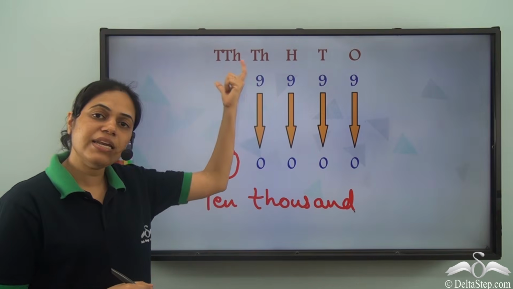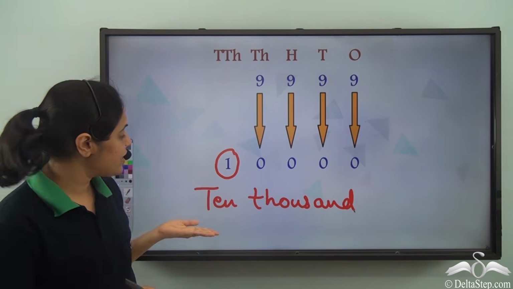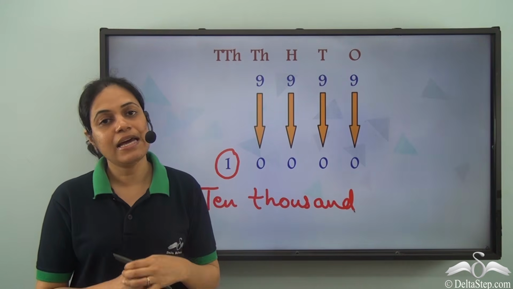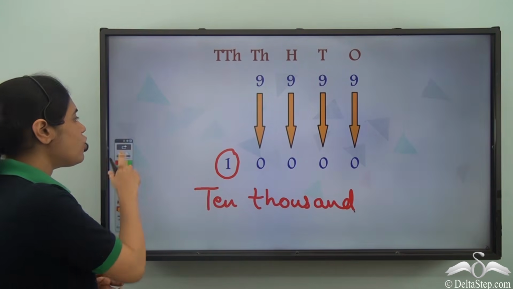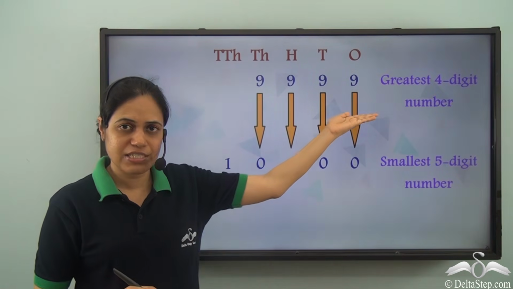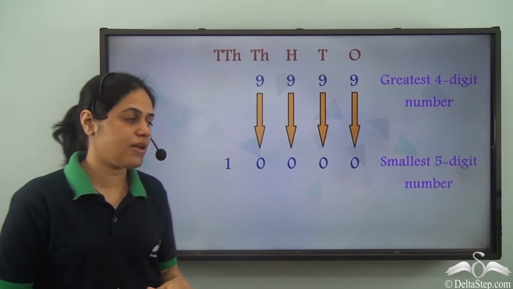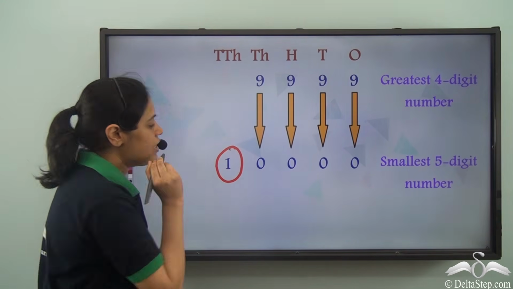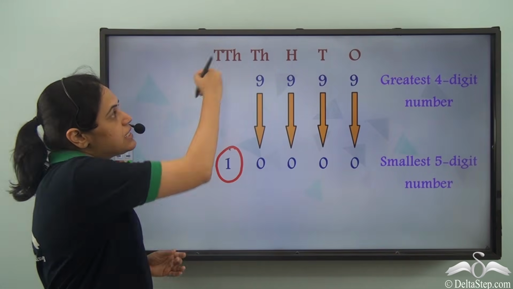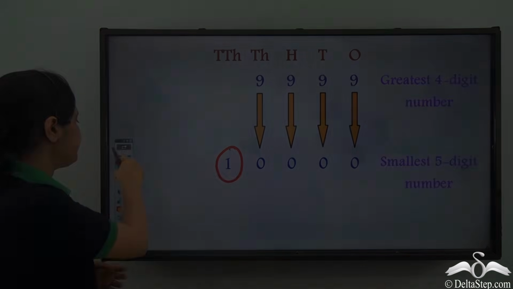Similarly, this 1 in the 10,000s place represents 10,000. And we also know that this is the greatest 4-digit number and this is the smallest 5-digit number. So this one actually represents 10,000.